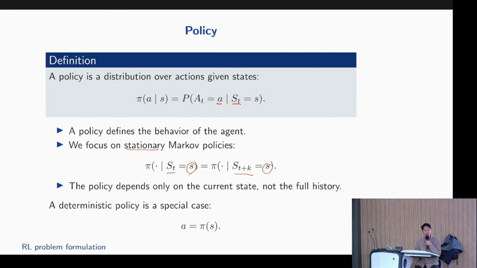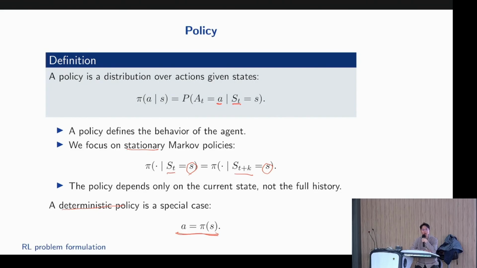It's time independent, so it only depends on the current state, not the full history. And you may have a deterministic policy, where you have a point mass distribution. Depending on your environment, this may be better than a stochastic output.